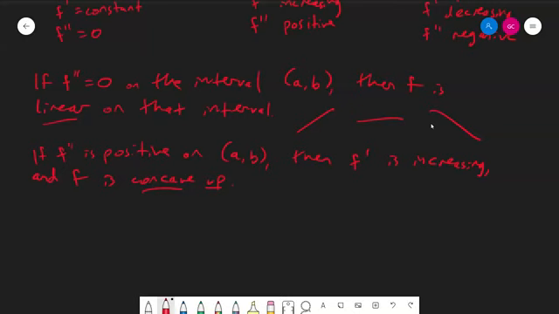Well, roughly speaking, if f double prime is positive, then your graph is going to look either like this, or like both of them put together. So in the first case, what happens is I have a large negative slope at the beginning, and that large negative, like maybe that's, say, -5, is becoming closer and closer to 0.